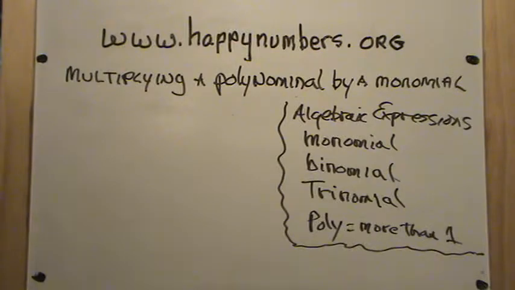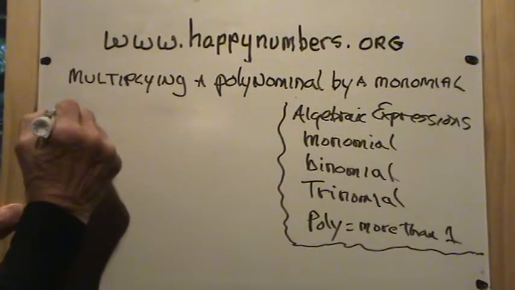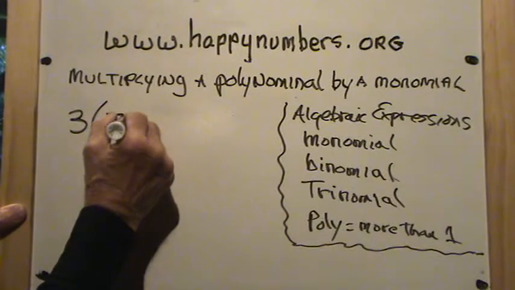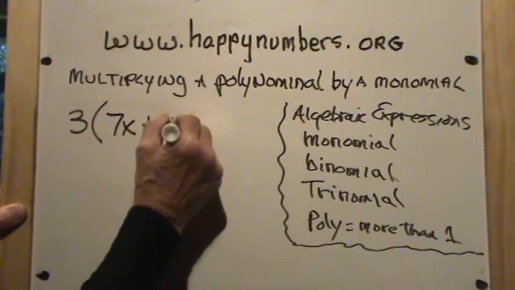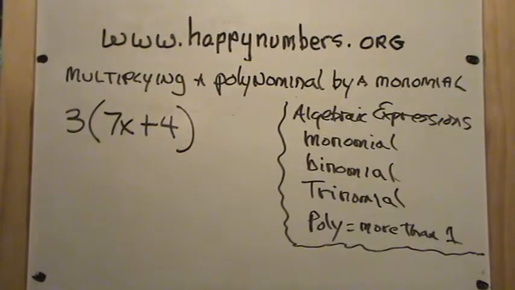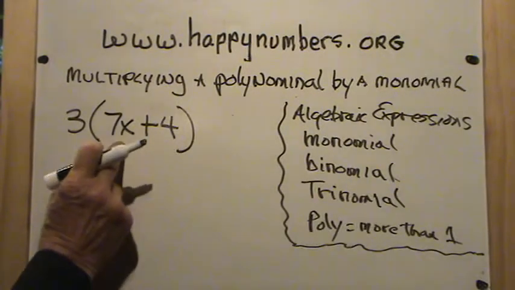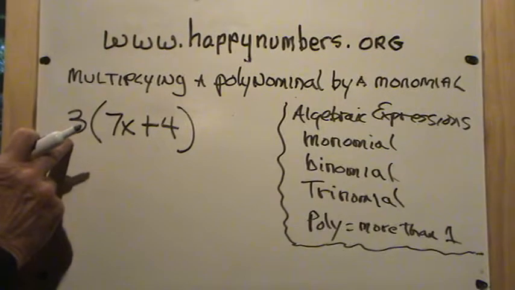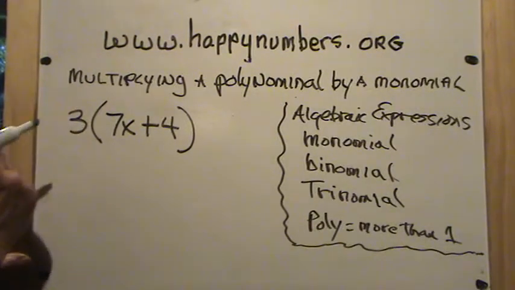And again, remember that polynomial means more than one. Now another way we can write the problem is like this. 3 times 7x plus 4. We have a binomial here, or polynomial, more than one, and a monomial with no variable here.